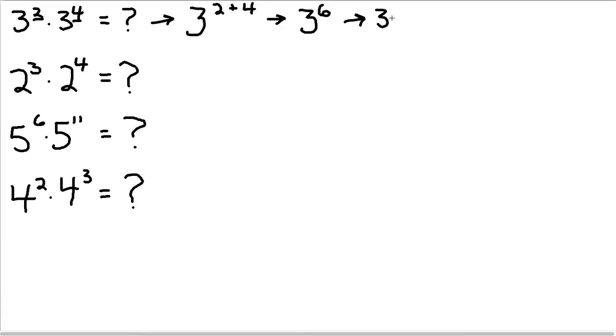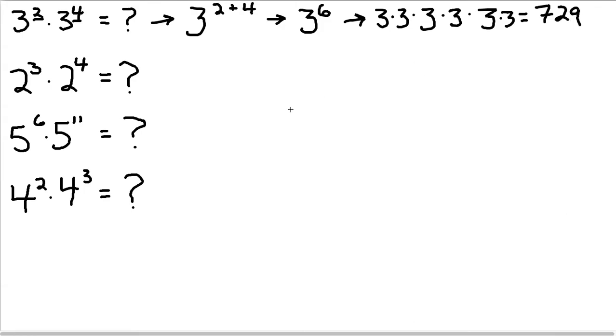That's just 3 times 3 times 3, and you get the point. We're just multiplying 3 by itself 6 times. Once you do the math there, just get your calculator out, multiply that through, and you should get 729.